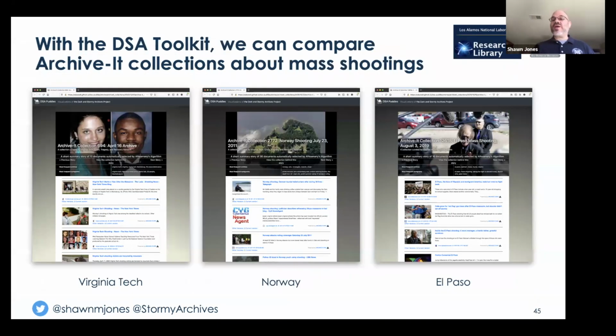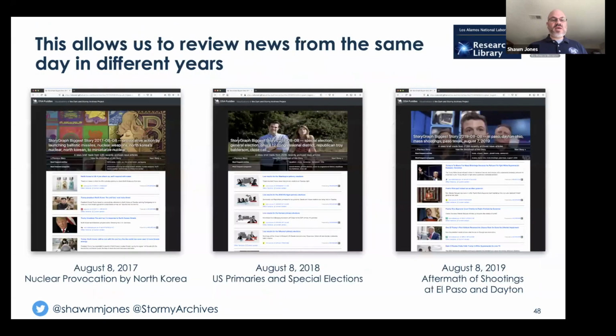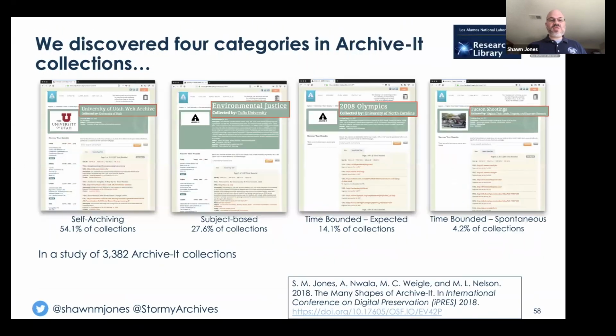You can also execute it on other collections for which you have lists of mementos. But we're exploring other algorithms that may work even better for certain types of collections. And one of the things that we had discovered in some other research was that there are different types of Archive-It collections.